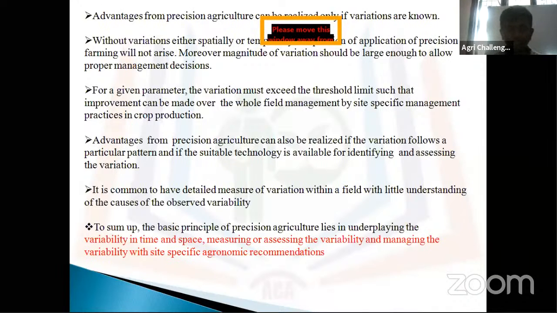Then only that problem or stress will be corrected, and you will get good yield. So you have to know the reasons, know the cause, know the variation. Without variations, either spatially or temporally, the question of application of precision farming will not arise. Say there is one ideal farm, ideal field, 1 hectare or 2 hectares. There is no variation.